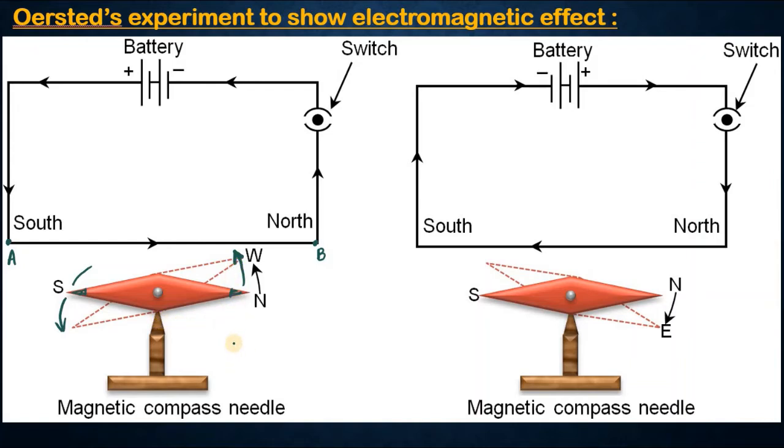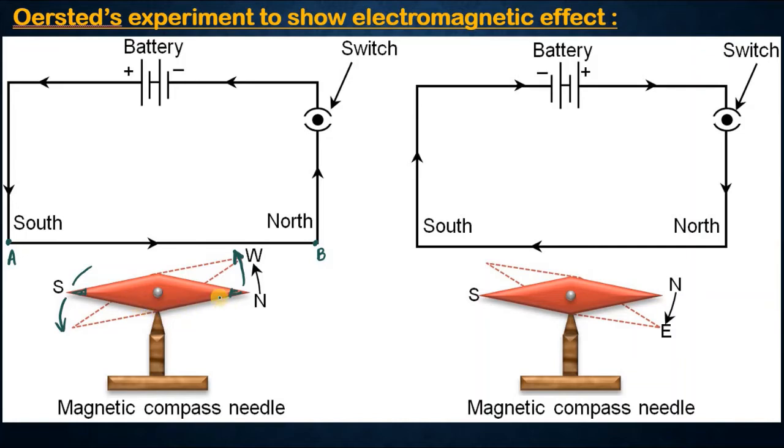So, he observed the deflection in the compass. See, observe it, dear students. Before sending the current through the circuit, there is no magnetic field, or there is no other permanent magnet nearer to this magnetic needle. This is the first point to be noted here.